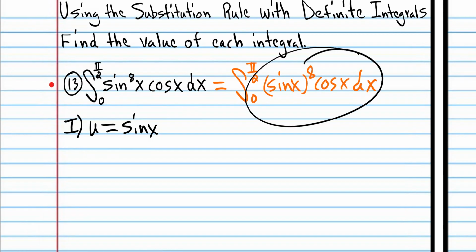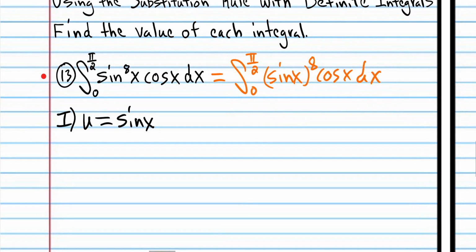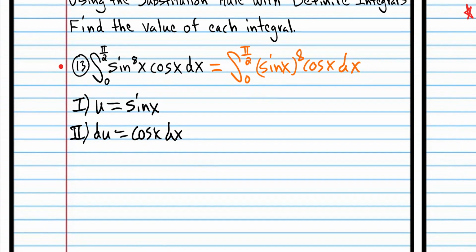But this is what that actually means. So u is going to be the inside function, and du is cosine x. Don't forget to write your ornament, your pseudo variable dx. And then we're going to solve for dx as usual.